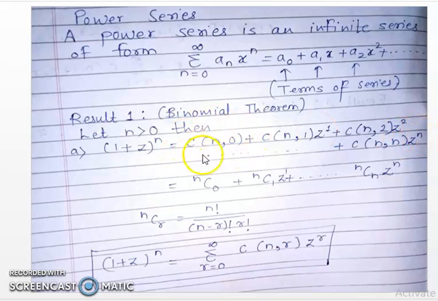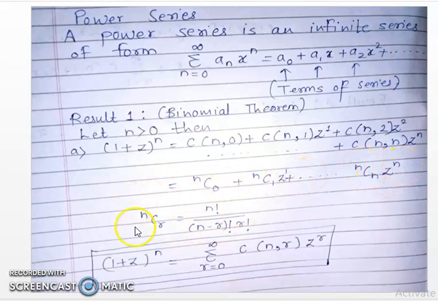Using the combination notation, this is nC0 plus nC1 z plus up to nCn z^n.